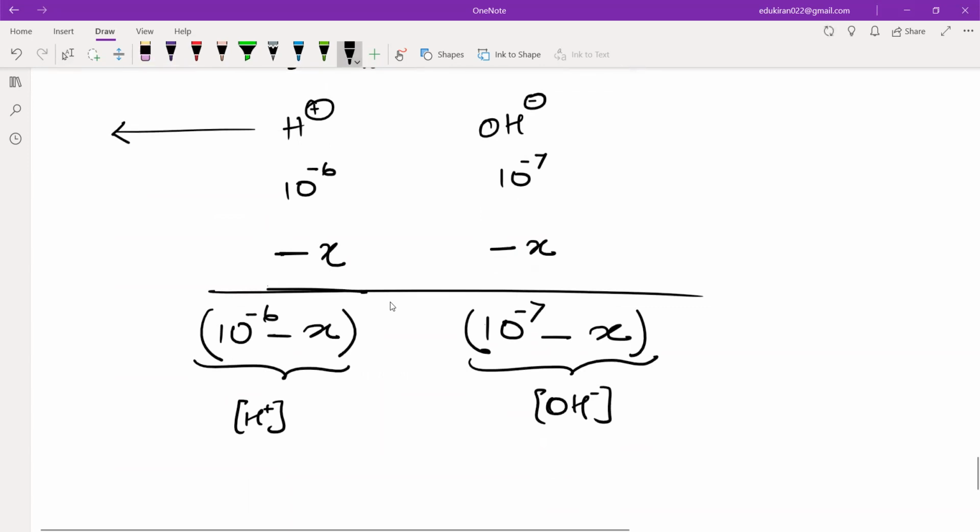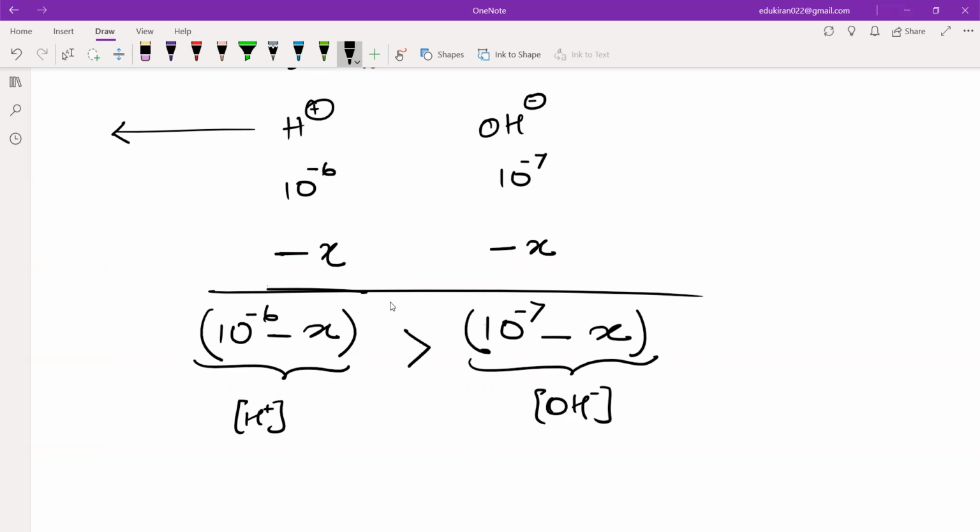Now this is very crucial. Now you have to tell me which of them is higher, the 10 to the power minus 6 minus X or 10 to the power minus 7 minus X. Which is greater? The 10 to the power minus 6 minus X. Yes, this is greater, right?